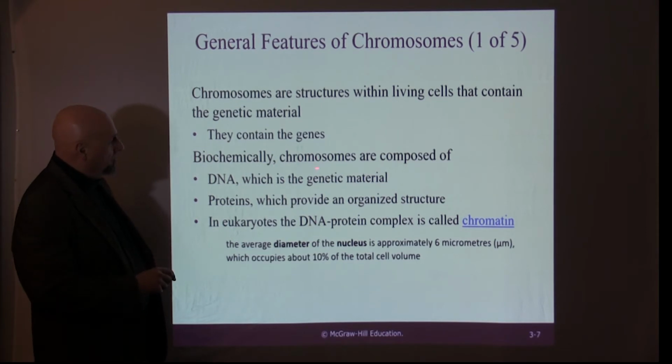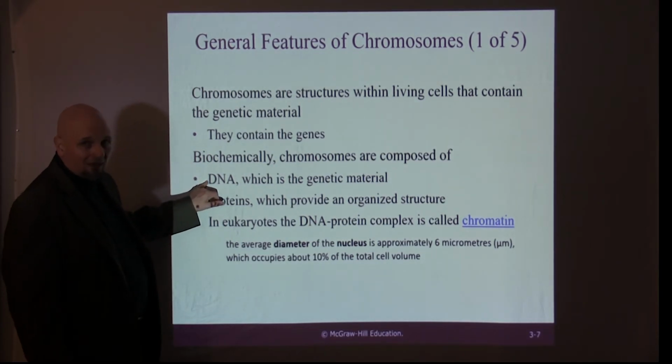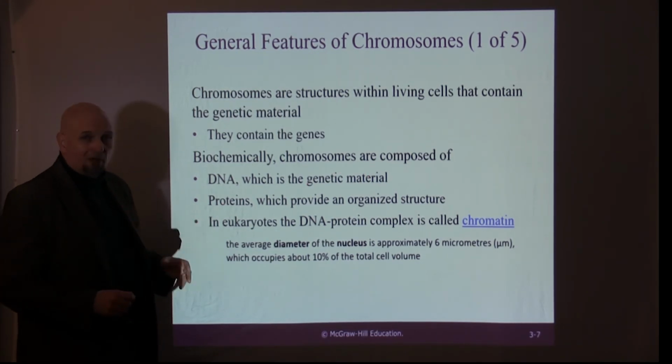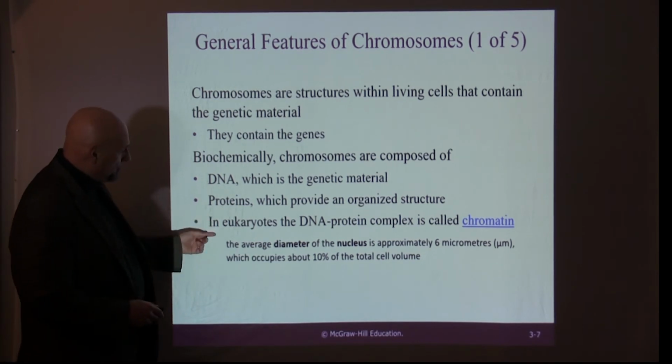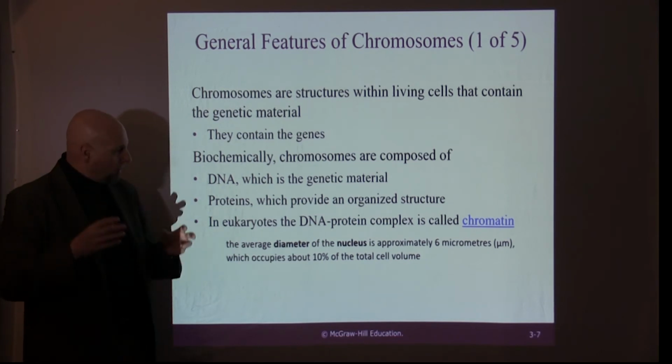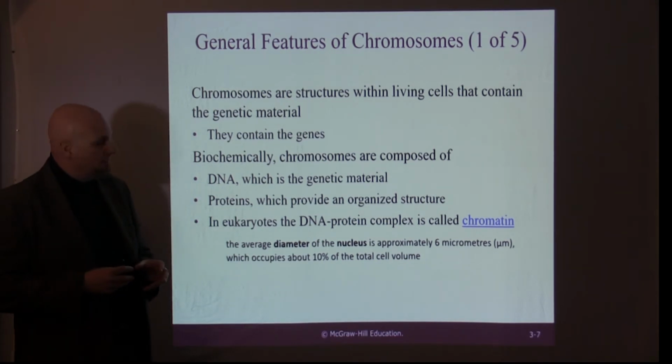So biochemically, chromosomes are composed of DNA, deoxyribonucleic acid, which is the genetic material, and in eukaryotes, proteins, which provide an organized structure. In eukaryotes, the DNA-protein complex is called chromatin.